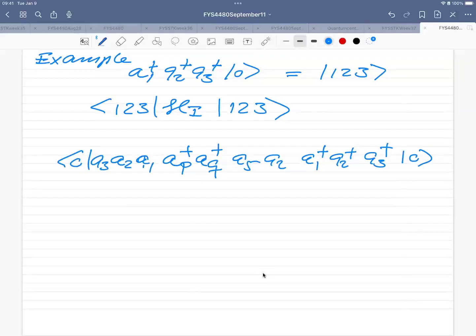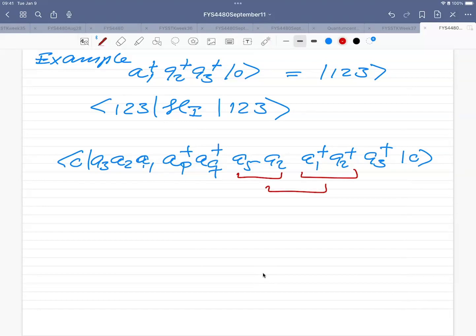Now, in this particular case, the operators which we have, these two operators, creation and annihilation, act on only a pair of creation or annihilation operators. So it means that one possible set of contractions which we can have is these two being contracted with these ones. That gives me two possibilities.